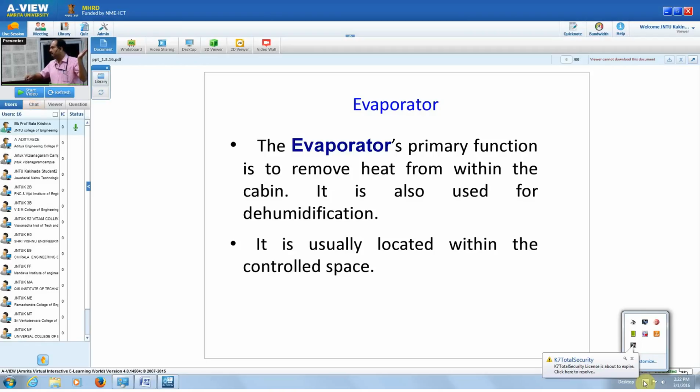So the function of the evaporator is to remove the heat, whatever heat comes from human beings, or any cold storage if it is there. There may be many products we have to preserve in that, in food preserving processes. So the evaporator's function is to remove the heat from within the cabin. It is also used for dehumidification. It is located within the controlled space. Next.